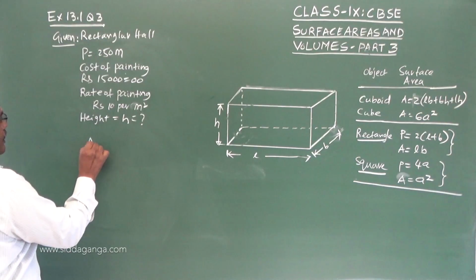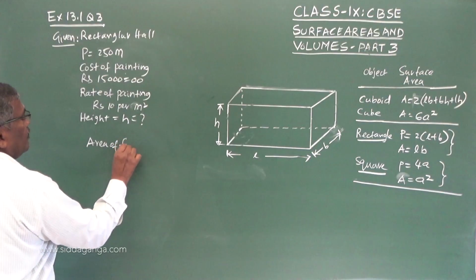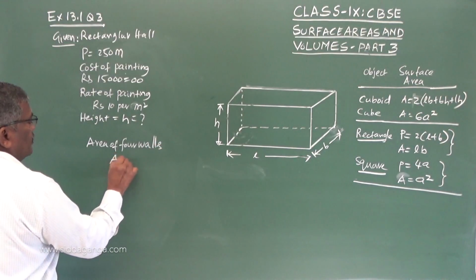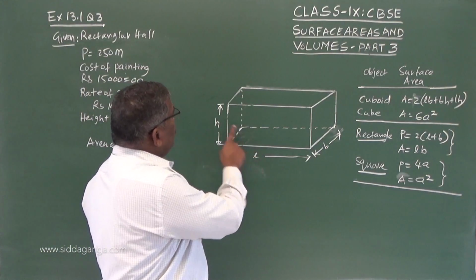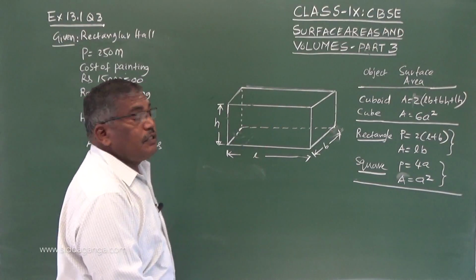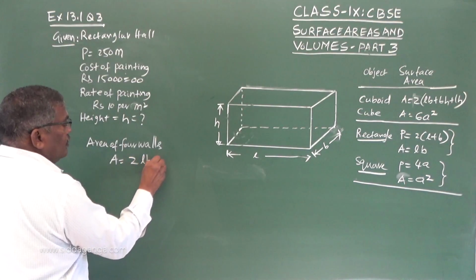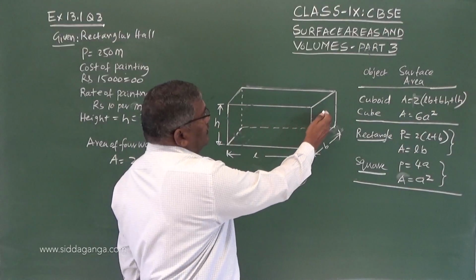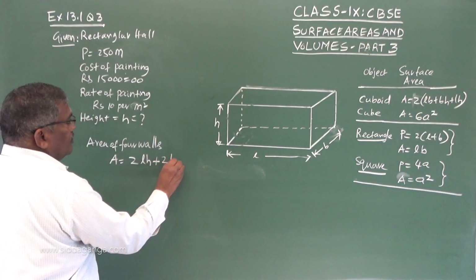Suppose I take the area of the four walls. A equals, so how will we take the area? Length into height for the front wall and back wall, 2 times LH, plus the side walls, breadth into height, the left side and right side walls, 2 times BH.